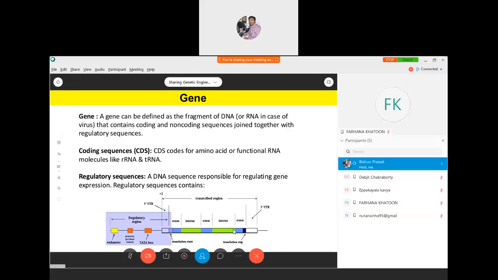If you look at the protein sequences of prokaryotes and eukaryotes, you will find that in eukaryotes, as shown here, they consist of exon as well as intron. But in prokaryotic protein sequences, there will not be any intron.